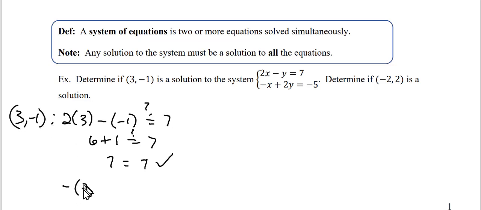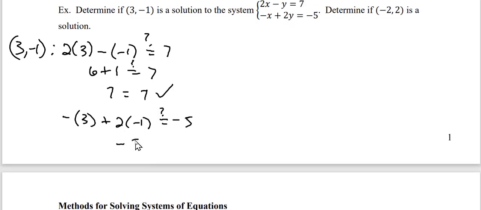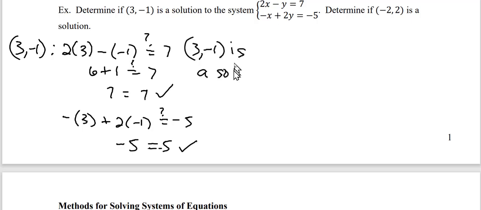Negative x plus 2 times the y value is negative 1. Is that equal to negative 5? And the answer is yes. You get negative 5 equals negative 5. That tells us 3, negative 1 is a solution to the system.